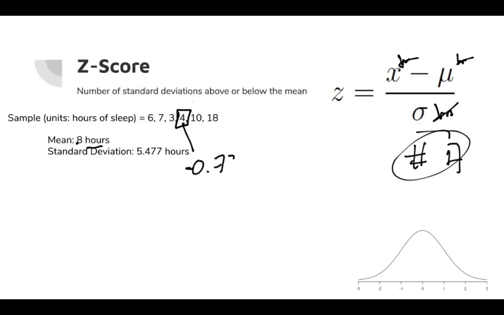Negative 0.73. Well, let's say that I have other data on Jimmy as well. Let's say I have Jimmy's history score and his science score, like test scores. And so let's say that in history Jimmy gets 80% and in science Jimmy gets 75%.